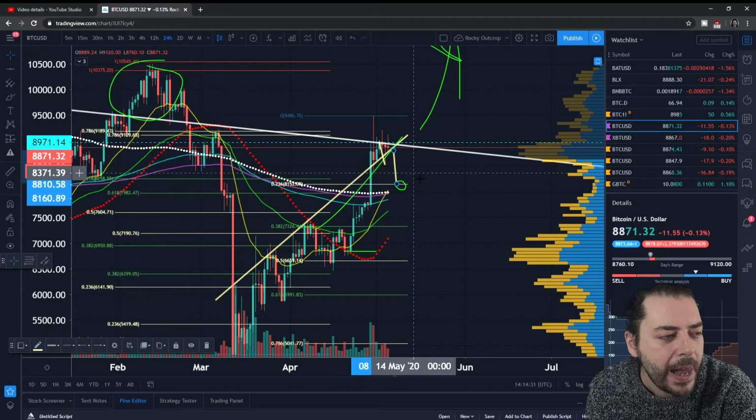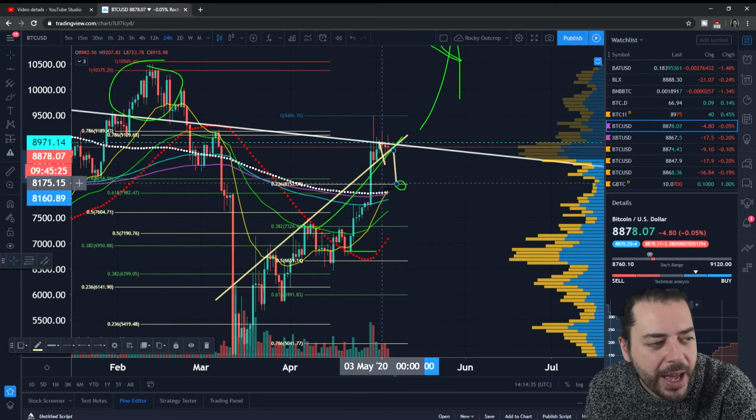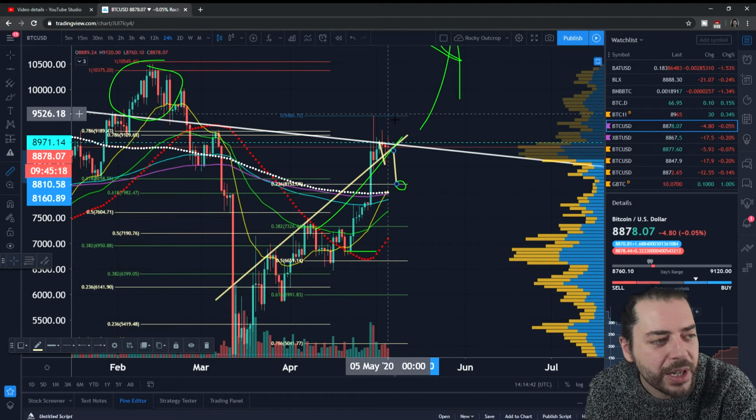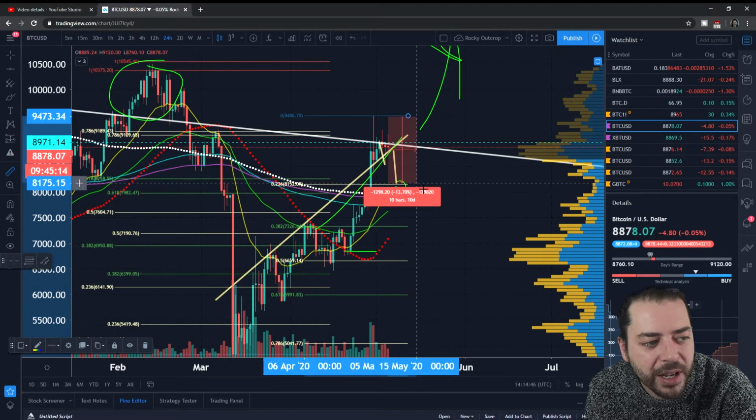That's the low 8,000s area, where you would see that. Looking at percentage change, if we take it from the top there and go down to that area, you're looking at a 13% drop in the prices.